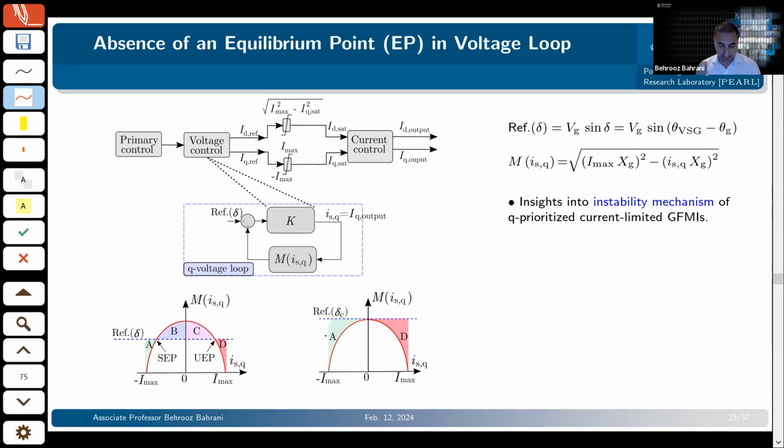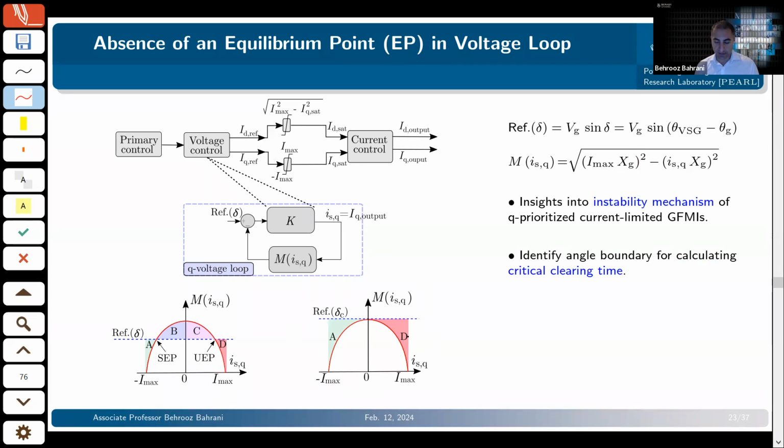So this is very interesting to see that it's not only that P delta curve that might make your system unstable, but if you've got a Q prioritized system, there is a chance, depending on different parameters in the system, essentially the grid impedance as well as your Imax and others, and this comparison will tell you whether the system becomes unstable because of your voltage controller.